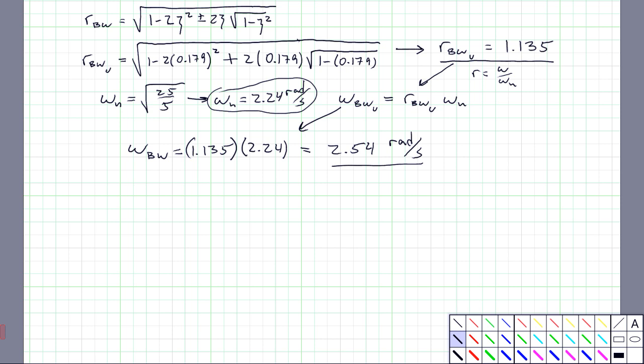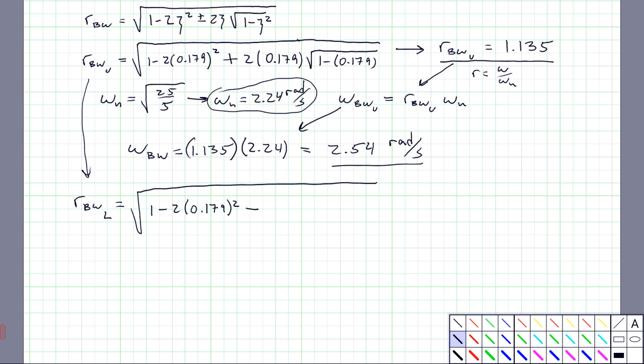All right, we have the upper. Let's find the lower. So we're going to do the opposite of that. R_BW lower is going to be the square root, and it's a very similar equation, except we're going to use a minus. So 1 minus 2 times 0.179 squared, and now we're going to use minus to find the lower one: 2 times 0.179 times the square root of 1 minus 0.179 squared. That gives you a lower bandwidth R of 0.764.